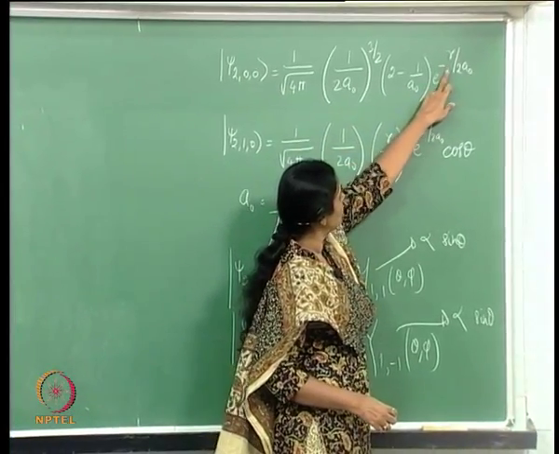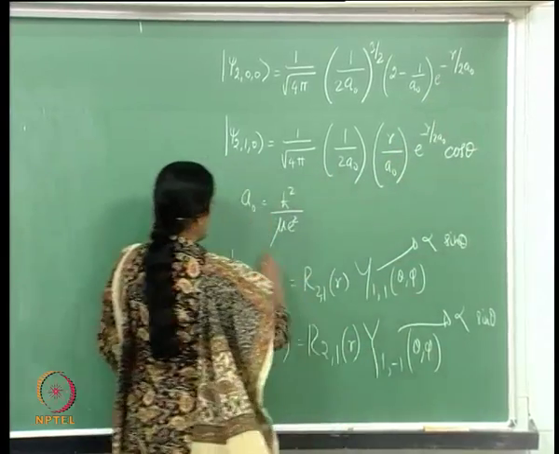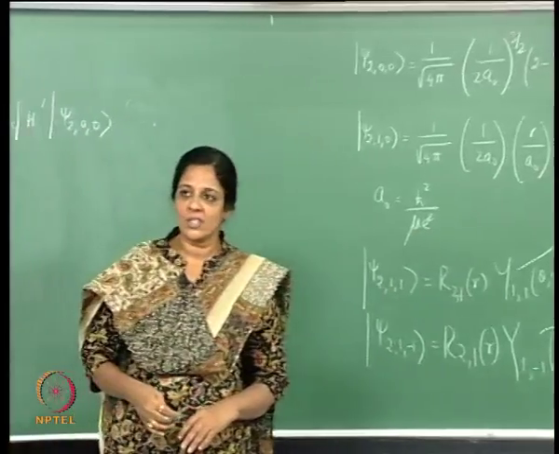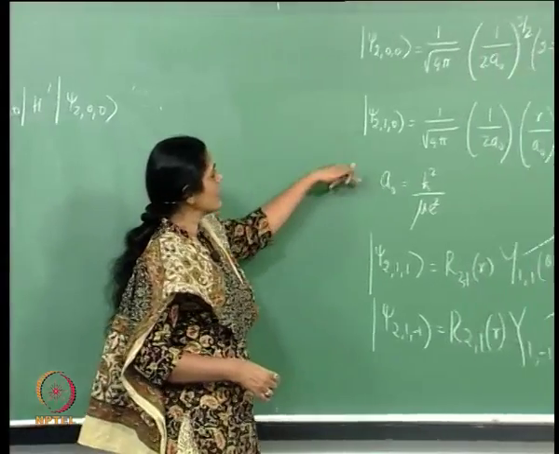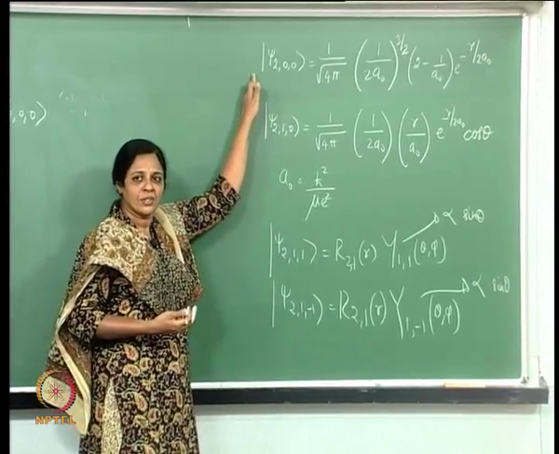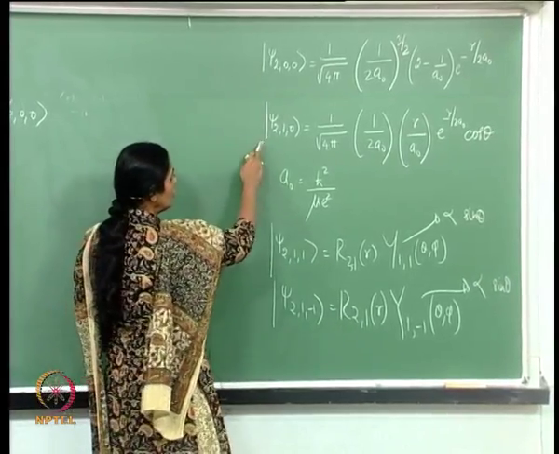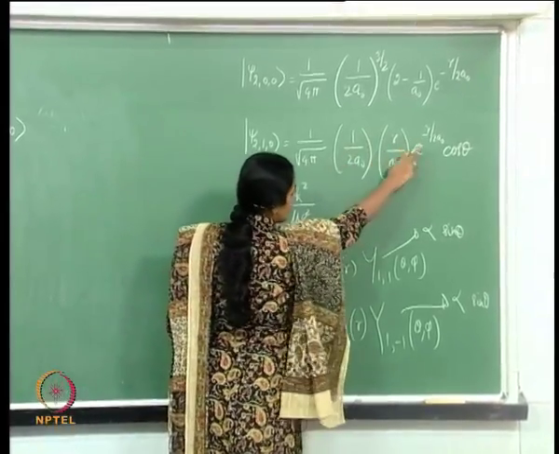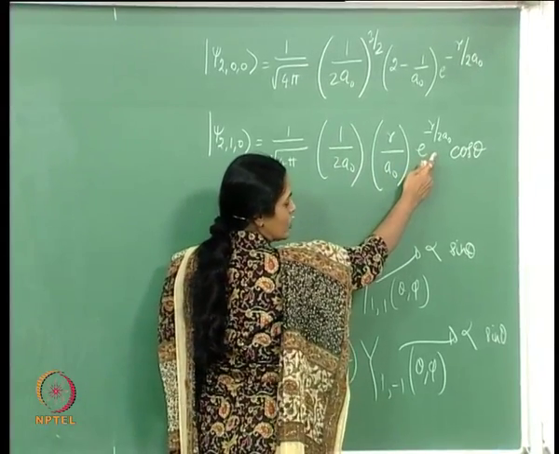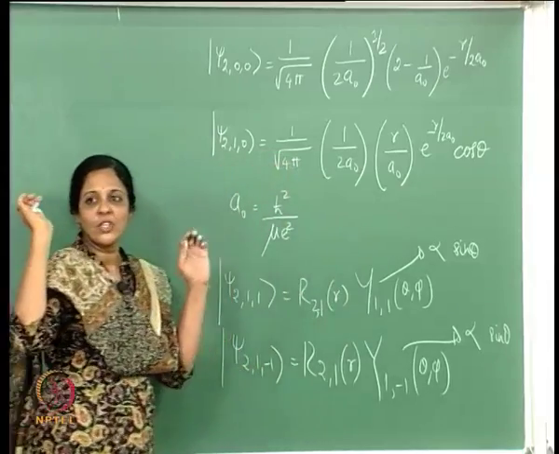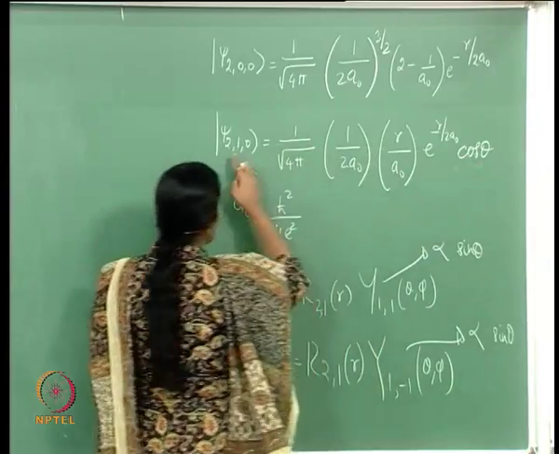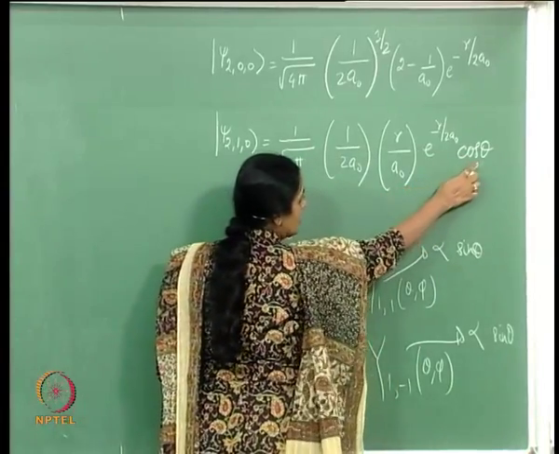Notice the exponential fall off e to the minus r by 2a0, where a0 is simply h cross squared by mu e squared, mu being the reduced mass. These are expressions that we derived when we looked at the hydrogen atom problem. After all, these are the unperturbed wave functions for the hydrogen atom. Now, if you look at psi 210, apart from the radial dependence, which is different from this, but which certainly has that exponential fall off to match boundary conditions, there is a cos theta, because Y10 is proportional to cos theta.